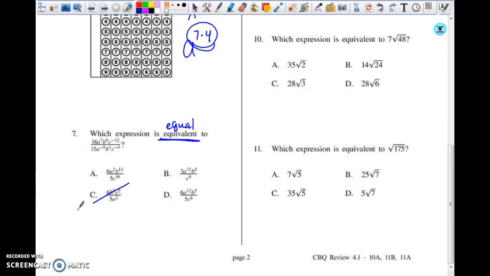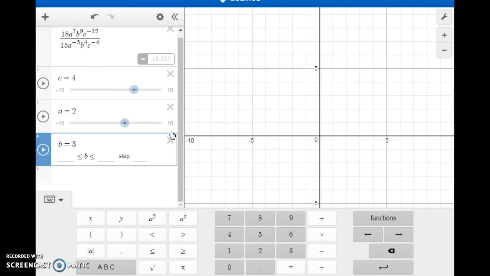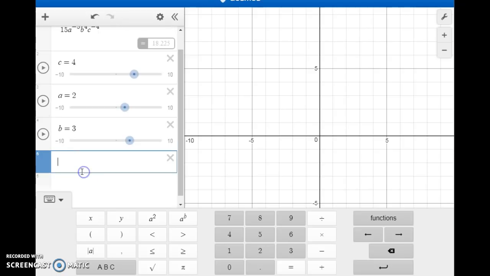So it's not C. Since we've used a lot of time, I'll go ahead and just for today, eliminate one more. So going ahead and just try B and D and see which one is equal. All you've got to do is change out this answer. Leave everything up there and then type in your answer choice.